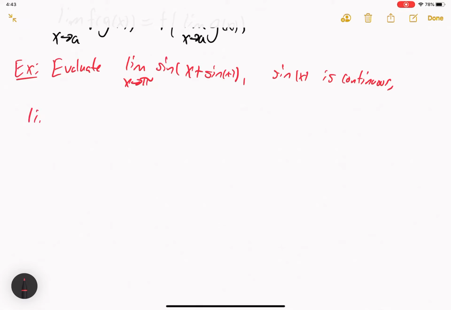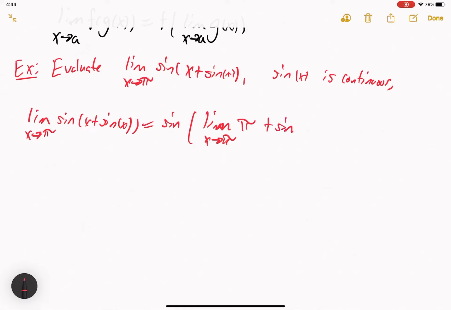So we have the limit as x goes to pi of sine of x plus sine of x is equal to the sine of the limit as x goes to pi of x plus sine of x.